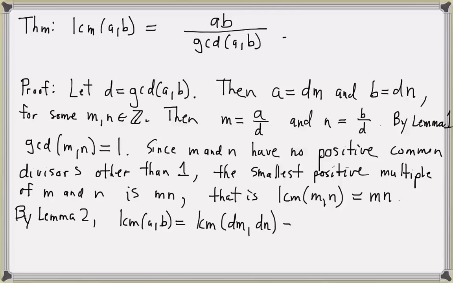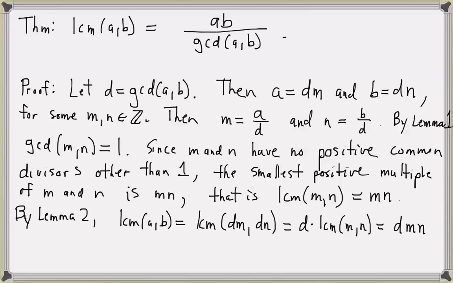So this equals D times the least common multiple of M and N. But since M and N are relatively prime, the least common multiple of M and N is M times N. So this just equals D times M times N.